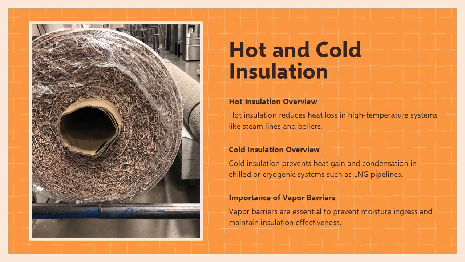Cold insulation prevents heat gain and condensation on chilled or cryogenic systems, such as LNG pipelines and refrigeration units. Materials include polyurethane foam, polyisocyanurate, cellular glass, and phenolic foam, suitable for temperatures as low as -196 degrees Celsius. Proper installation and vapor barriers are critical to prevent moisture ingress and maintain insulation performance.